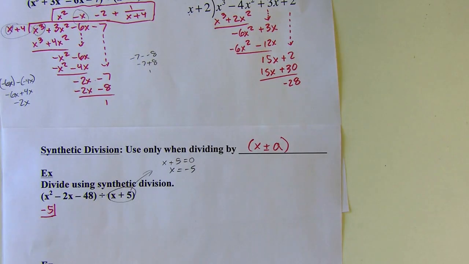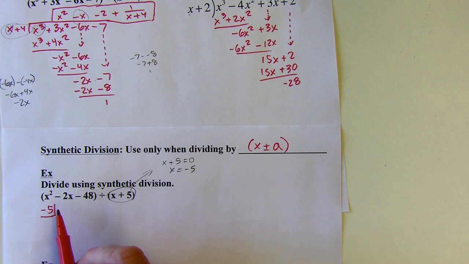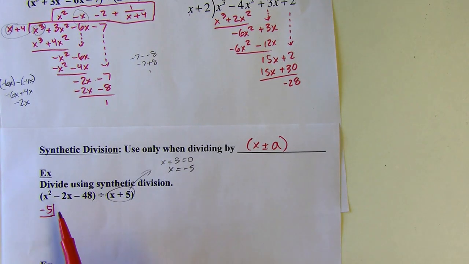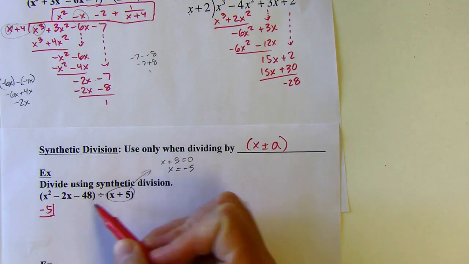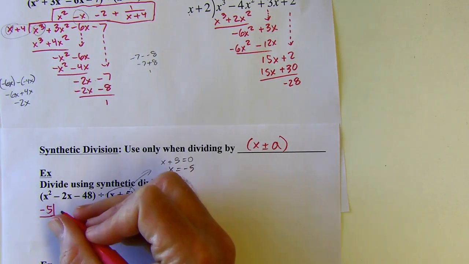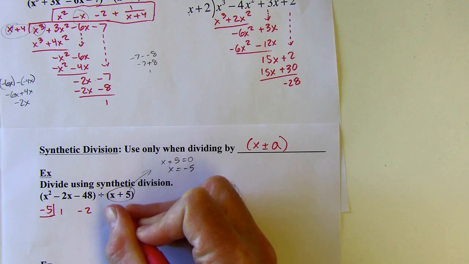Okay? Now you got to bear with me for a second. It's going to seem a little weird, but it's actually really easy and really quick once you get used to it. Then to the right of this, I'm going to take the coefficients. So I've got 1x squared, then negative 2x, negative 48. So my coefficients there are going to look like this, and I'm spacing them out a little bit.